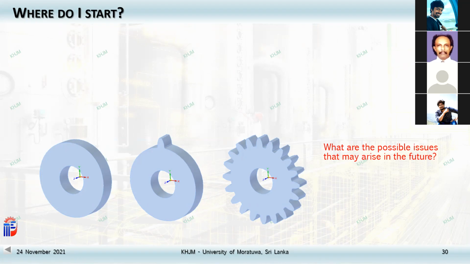Based on your design, you have to change the diameter, number of teeth, maybe the module, the shaft diameter, right? What else? If you can predict what would happen in the future, then you can be prepared for that today.